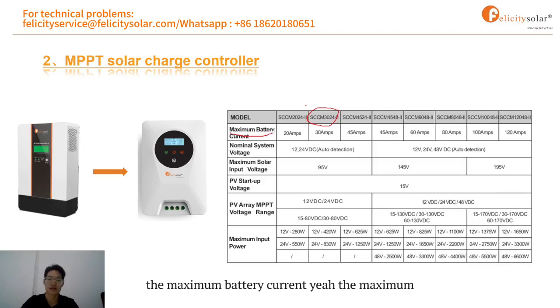The maximum battery current is 30 amperes. And this MPPT solar charge controller can be used in two kinds of voltage system: the 12 voltage DC and the 24 voltage DC system.